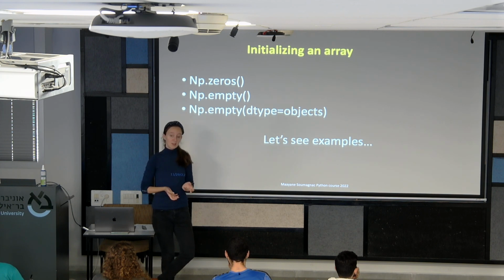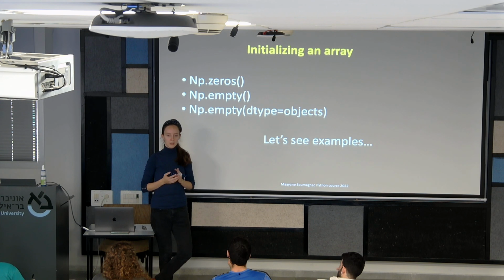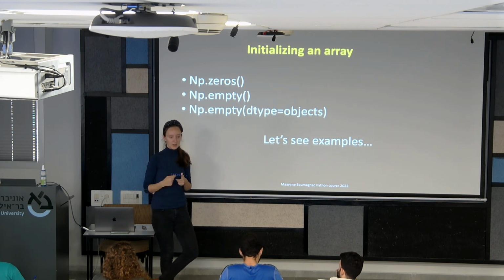But there is another reason. Imagine that you want to fill it with numbers that you are not aware of yet, and some of these numbers may be zeros. How would you know that the zeros in your array are the zeros that you've put in it or the zeros from the initialization?